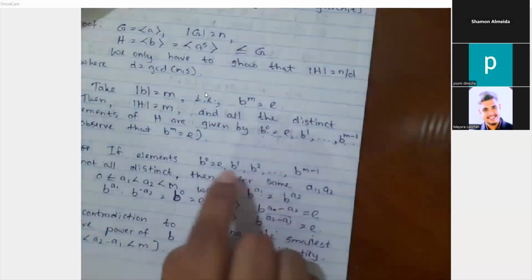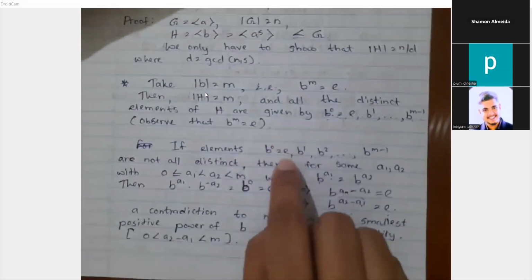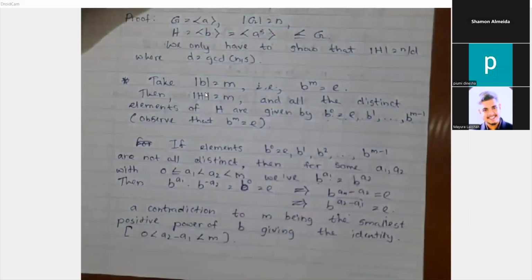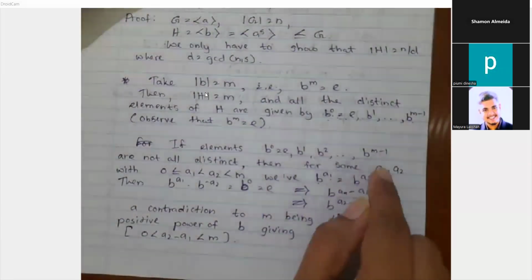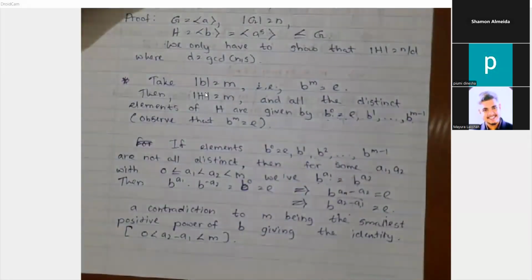Right, now in the next step, we have to show that these are the only elements in H, right? All these powers of B are the only elements in H. Now so far we know that all these elements are distinct, but could we have more elements, right?